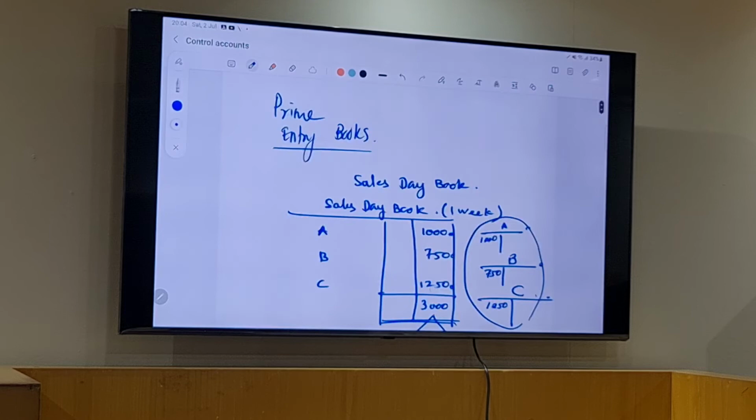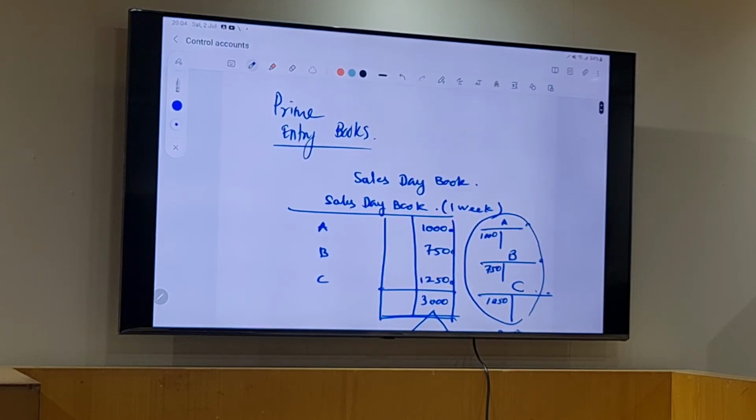Now, the concept of control accounts is actually part of the internal control requirement in order to avoid any fraudulent activities. Let's say the general ledger is done by the bookkeeper and the individual transactions are recorded by the customer clerk, the receivable clerk.